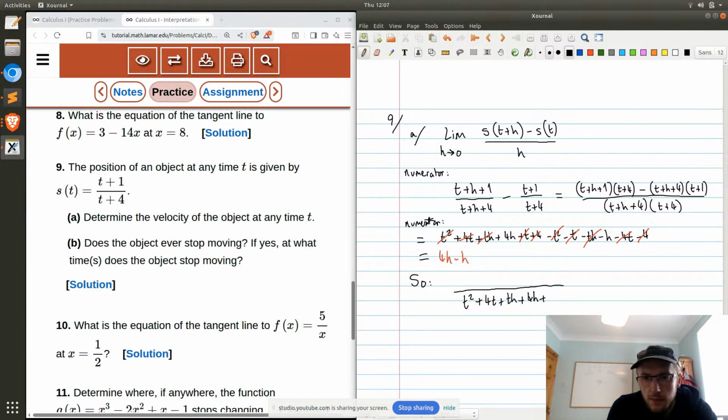T squared plus 4t plus 8 plus th plus 4h plus 4t plus 16. And 4h minus h on the top.